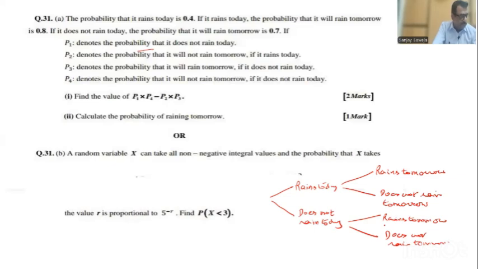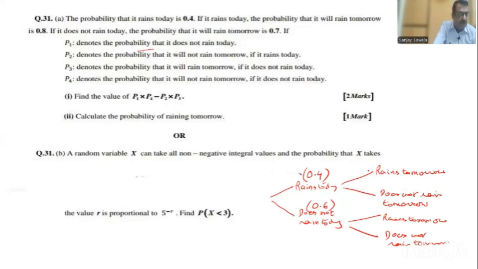Right? So if you use this tree diagram, rains today, read the first line, the probability that it rains today is 0.4. So rains today is 0.4 probability, so does not rain will be 0.6, right? Then it says rains tomorrow.